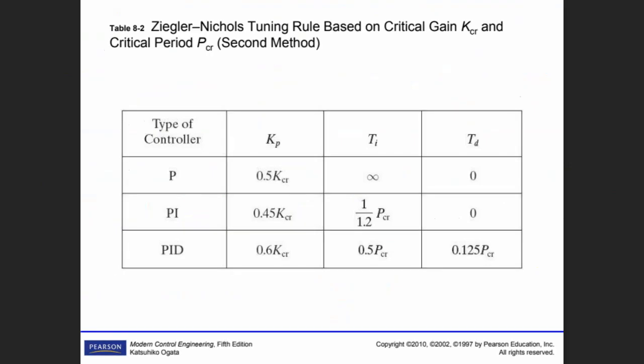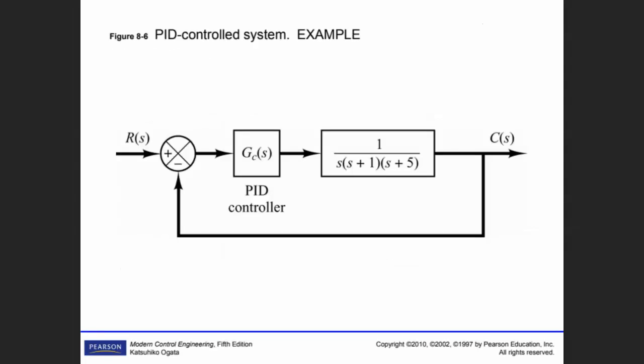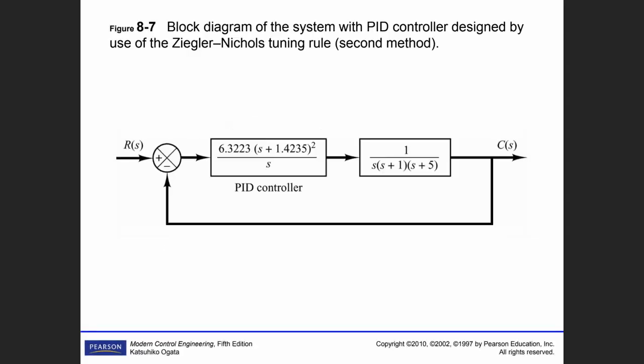We use that table, Ziegler-Nichols second method, the proportional constant, integral constant, and derivative constant we used, and we solved this problem and obtained that one. You remember this. I already calculated this one here. So now we are adding this controller to this system.